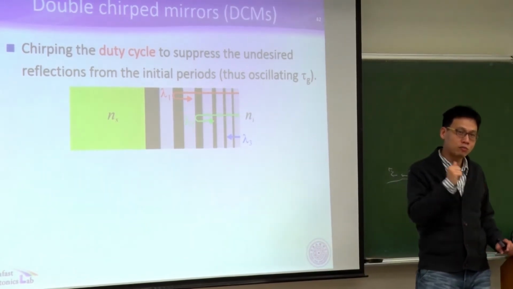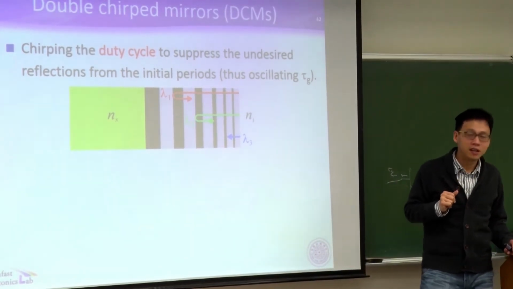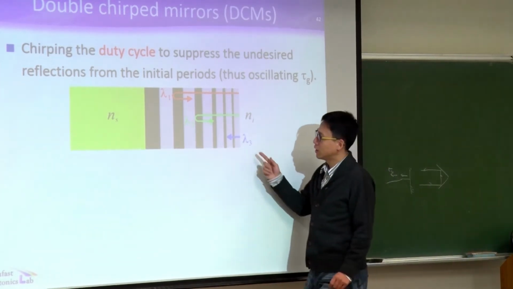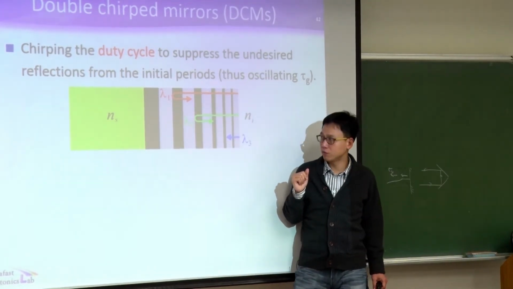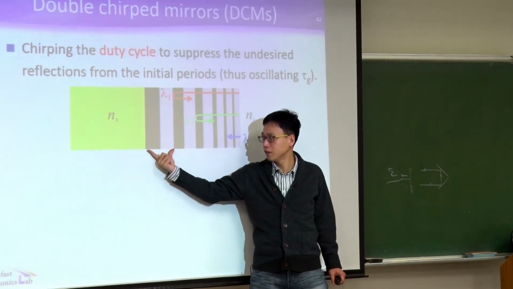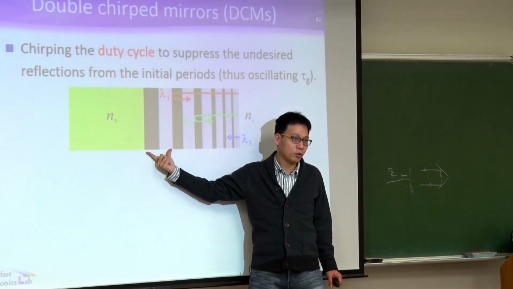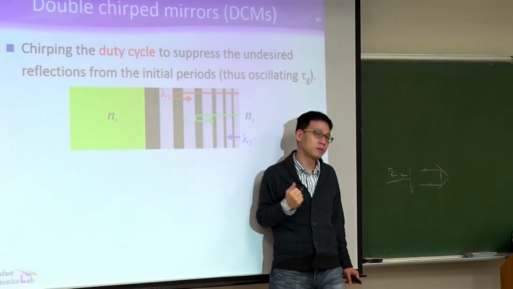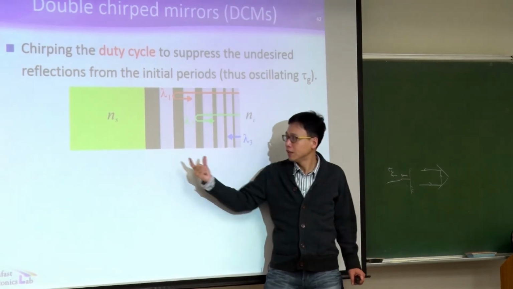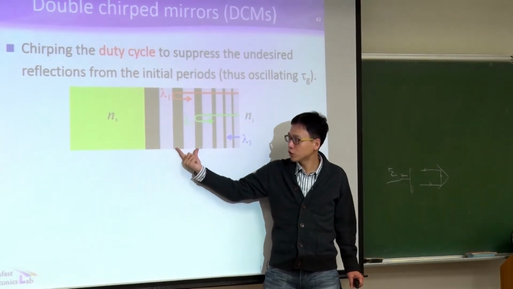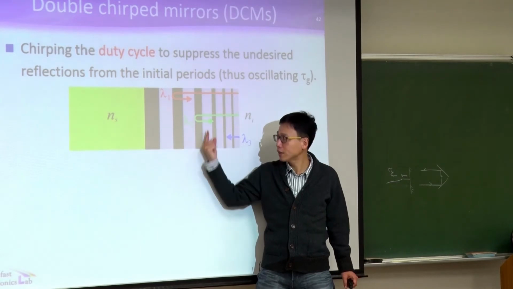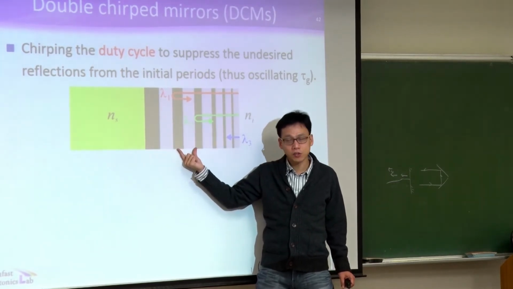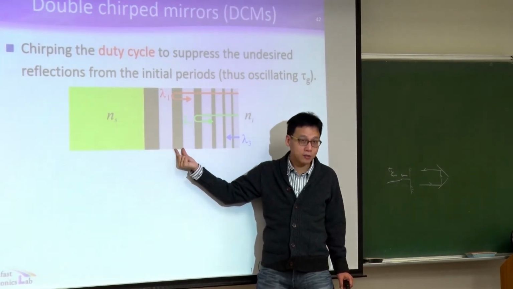Previously it's 1-to-1, 50-50. But here, if you chirp it, it can be apart from 50-50. Say initially, this is 50-50, right? Long period, duty cycle is 0.5. You have a shorter period in the second one, and the duty ratio is apart from 0.5.